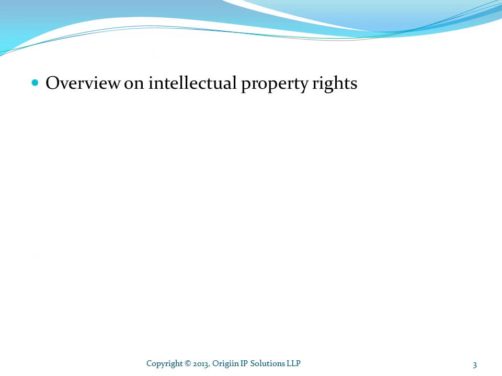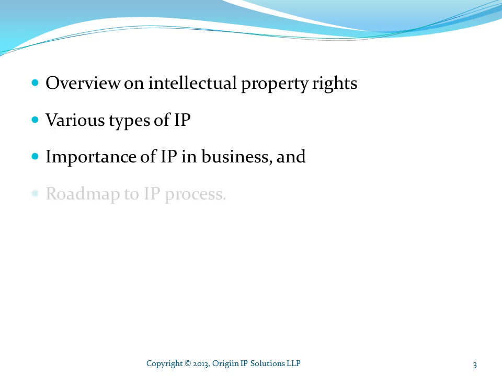The purpose of this presentation is to give you an overview on intellectual property rights, various types of IP, their importance in business, and a roadmap to the IP process. The term intellectual property, as the name suggests, means creation of mind or the intellect.